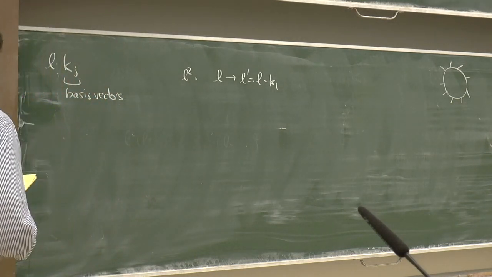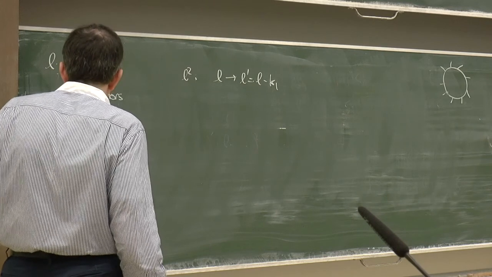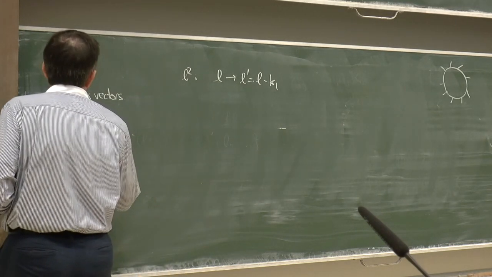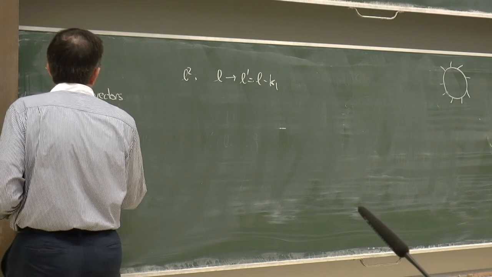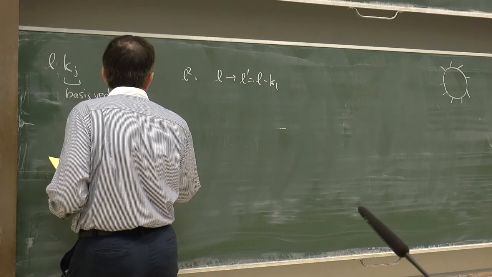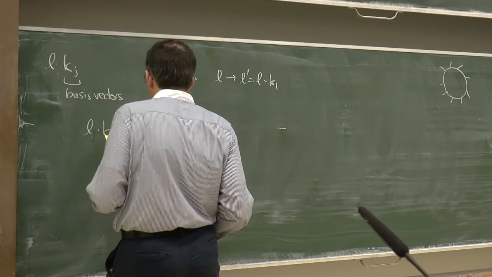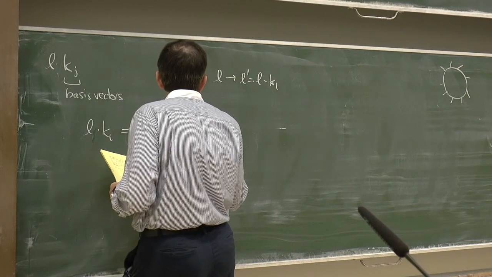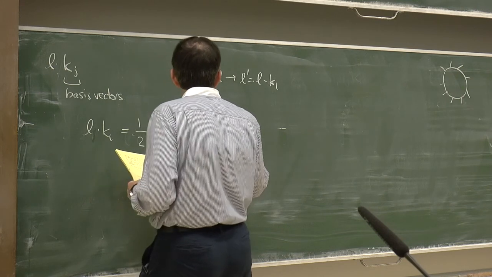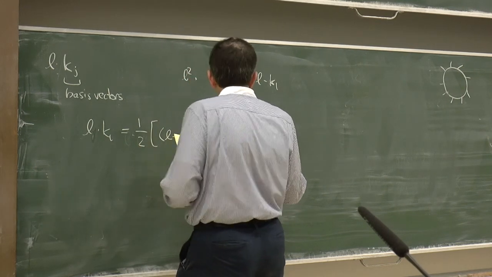So let's see what we can do with this. Well, we can partial fraction, because we can write L dot Ki in the following way. We want to rewrite it as a difference of denominators and something that's independent of the loop momentum. So we can write it as follows. This is just algebra.